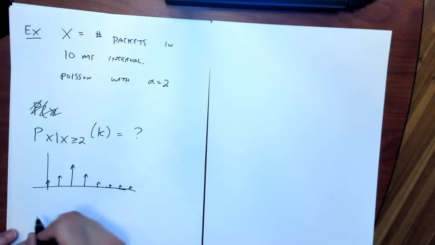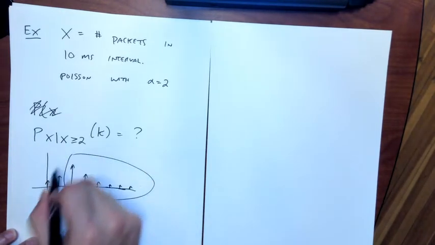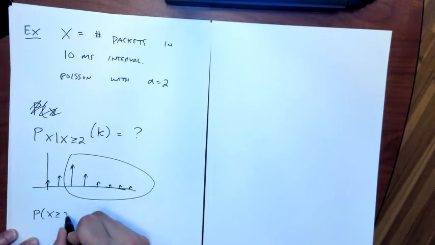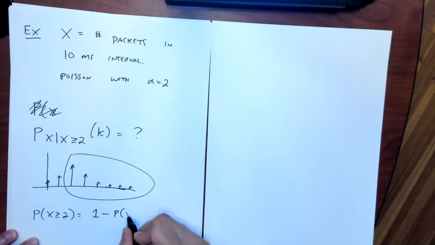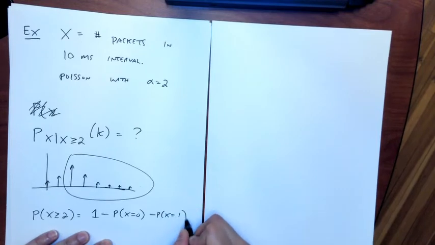First I would have to compute the probability that I'm in this area here. The probability that I'm greater than or equal to 2, the easiest way I think about it is as 1 minus the probability that I got exactly 0 packets minus the probability that I got exactly 1 packet, right?